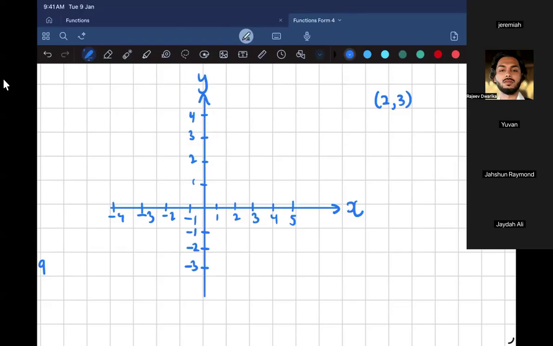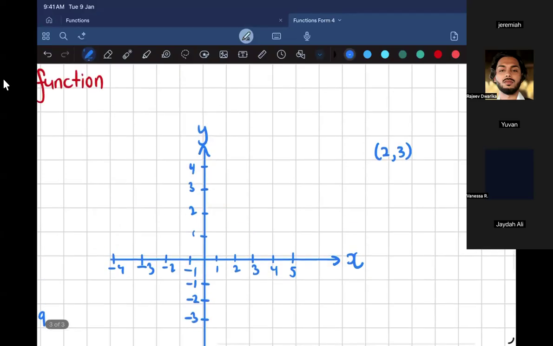Good. So we have the Y and we have the X axis. Vanessa, since you mix up your Y and X axes, I'm not going to call it out. All right. So Vanessa, Y vertical, X horizontal. Yeah? A point is made up of an X value and a Y value. This is our point.